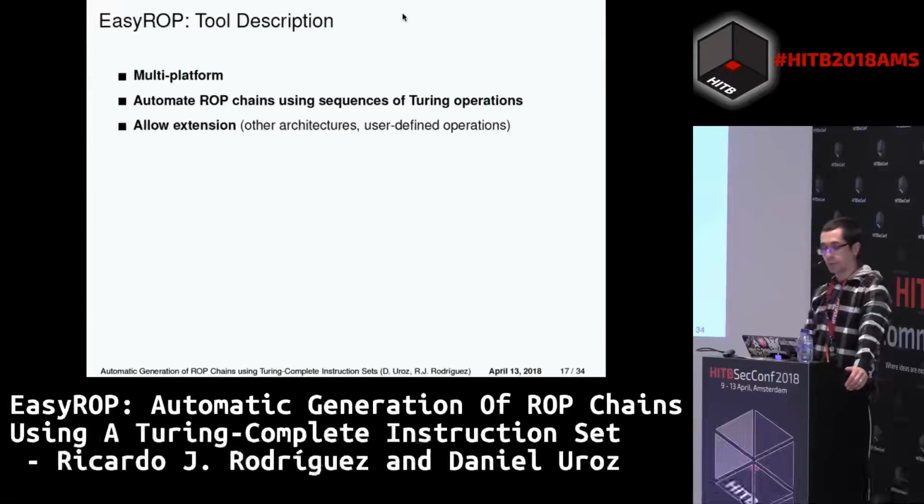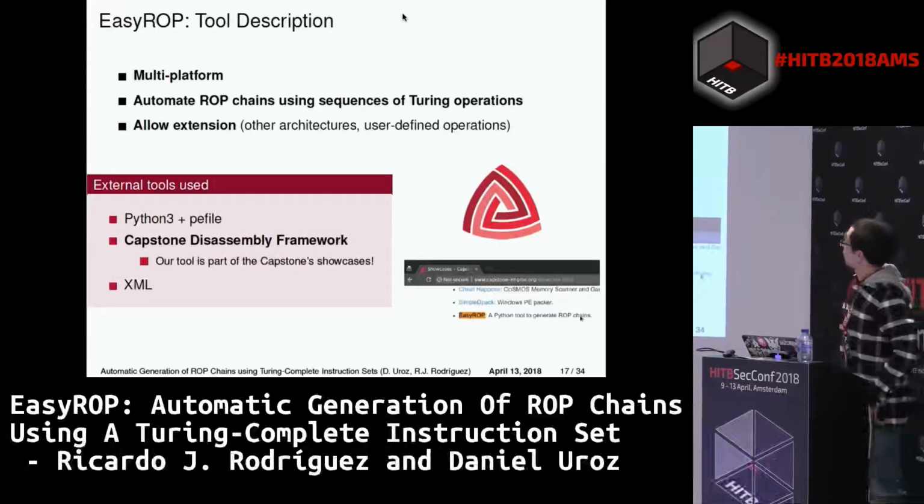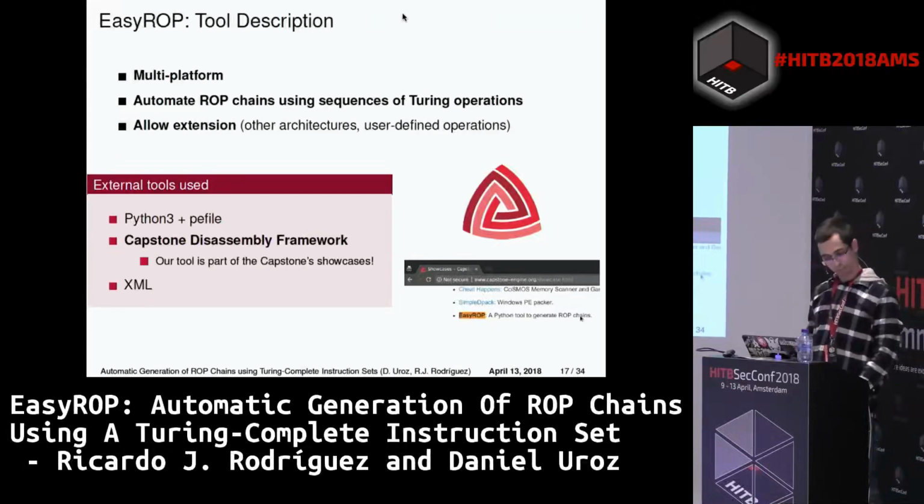We have also developed the tool not only considering the Turing operations or the random access machine operations, but also user-defined operations. We allow the user to define which operation he needs, and once it is defined, he can use the tool in order to find the ROP gadgets. We have used Python 3 instead of Python 2, and we also have used the Capstone disassembly framework.